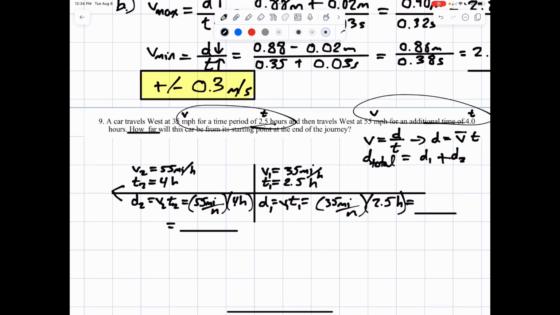Putting that in our calculator, 35 times 2.5 is about 87.5 miles. That's the distance we go here. And then part 2, we're going 55 times 4, which is 220 miles.